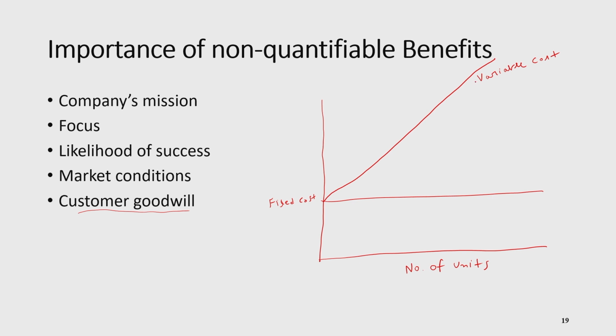So this is fixed cost, this is variable cost, and the total cost starts from the fixed cost, because at zero units the total cost is fixed cost, and with more units the total cost is higher.